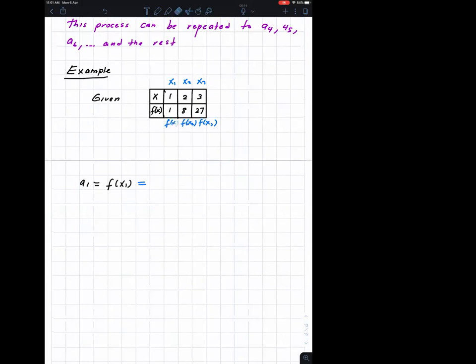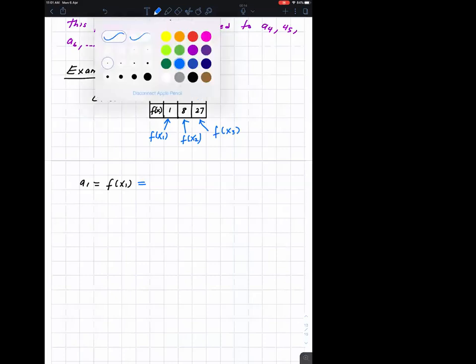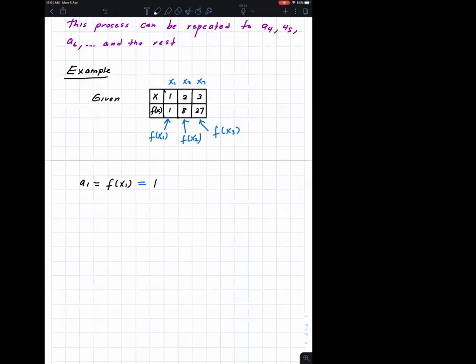This is fx1, fx2, fx3. fx1 is equal to 1. Any problem with that?